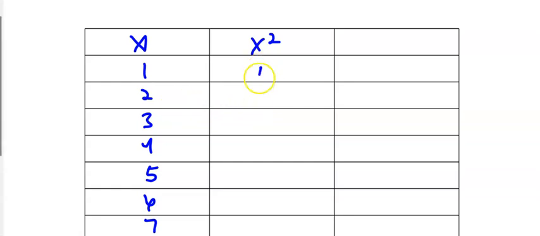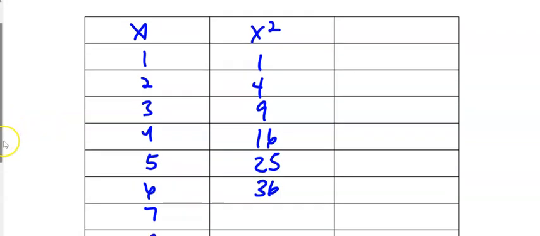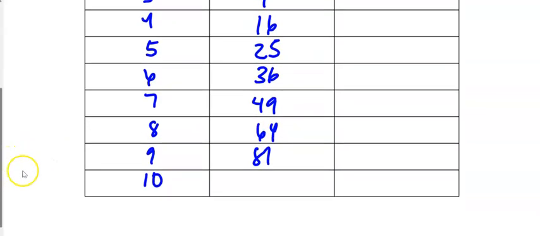So 1 squared is 1, 4, 9, 16, 25, 36, 49, 64, 81, and 100. Anytime you recognize these squares, you know we have a difference of squares.